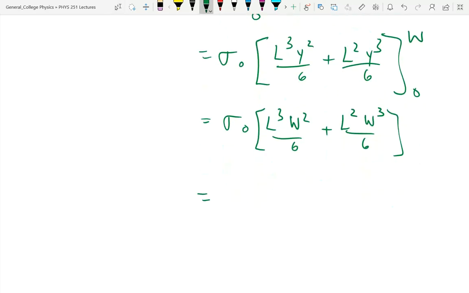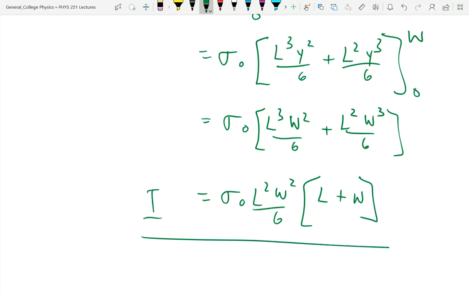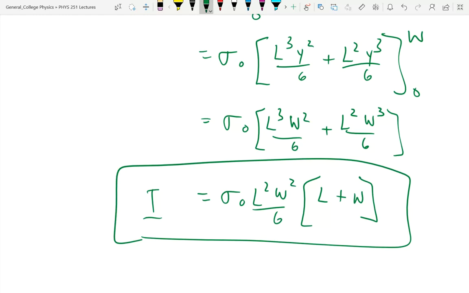Factor out what you can. And there I have the moment of inertia for spinning it about the corner.